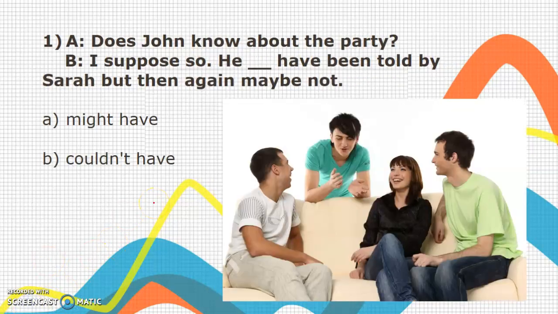And the last one. Does John know about the party? I suppose so. He might have been told by Sarah, but then again maybe not. Or he couldn't have been told by Sarah, but then again maybe not.